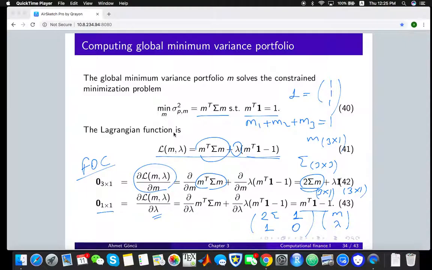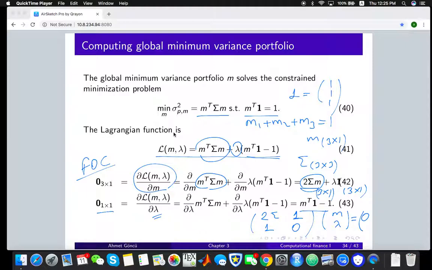On the right hand side, for the first equation you have 2 sigma times m plus 1 times lambda equals 0, and this is a vector of zeros, 3 by 1.